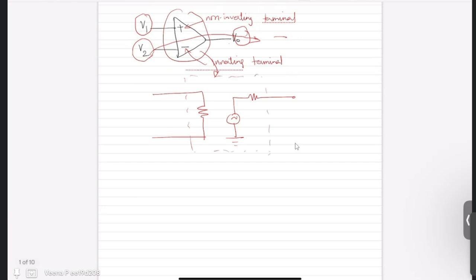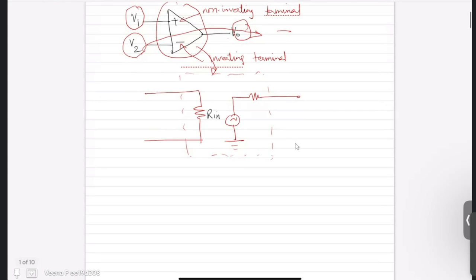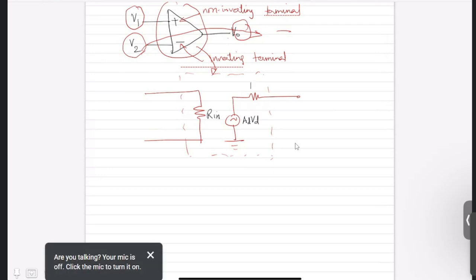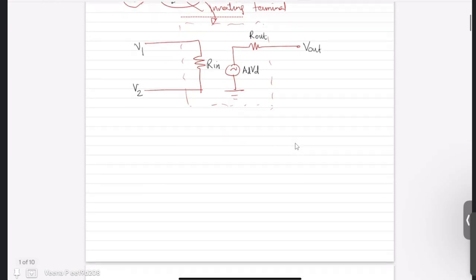So the circuit will have an input resistance Rin, a voltage source of magnitude AD times VD, the output resistance R out, the input signals V1 and V2 and output V out. So this is the equivalent circuit of an op-amp.